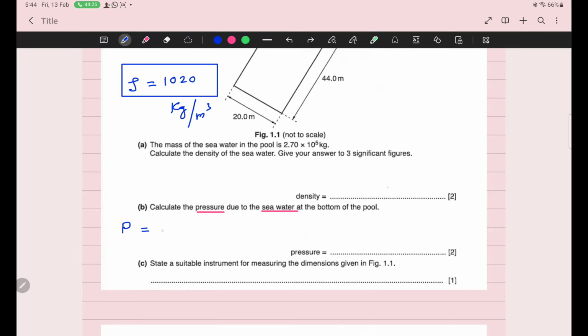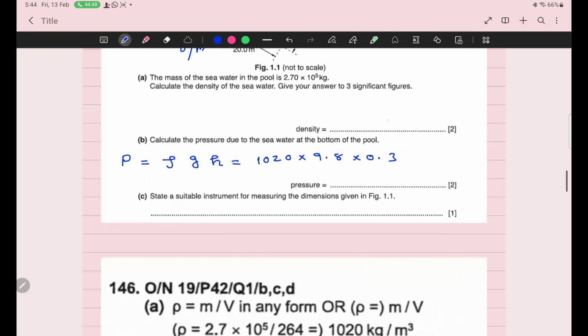Yes. So the density we have calculated, it is 1020. This is density. Gravity, we are using 9.8. Depth, sir, depth is missing in the question. It is 0.3. Okay. And if you multiply these numbers, then obviously you can calculate pressure.